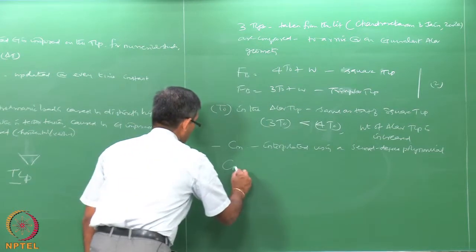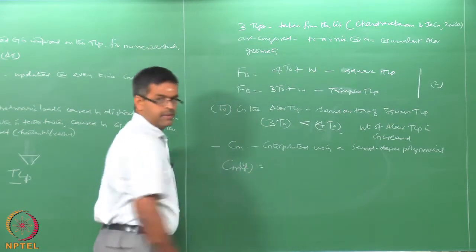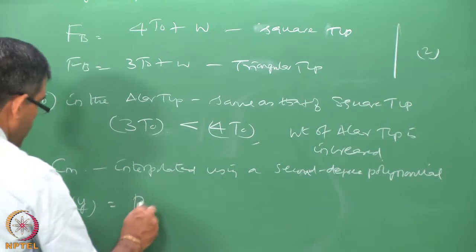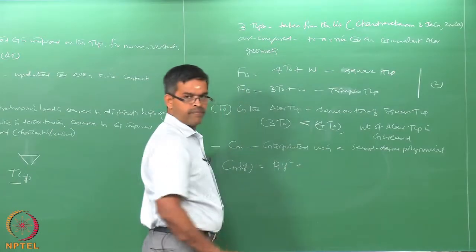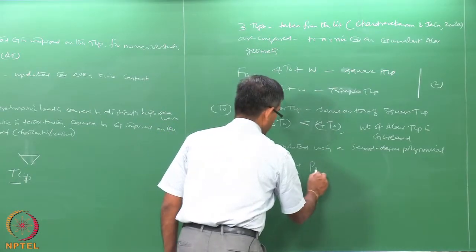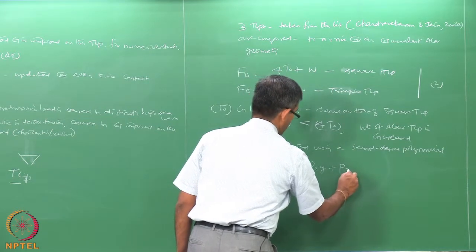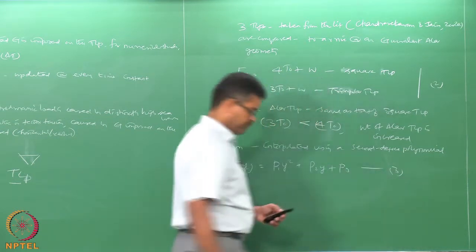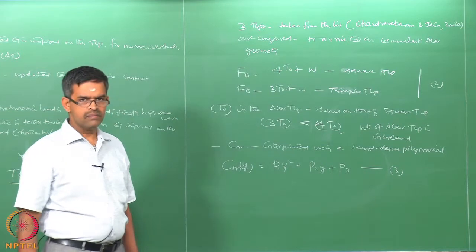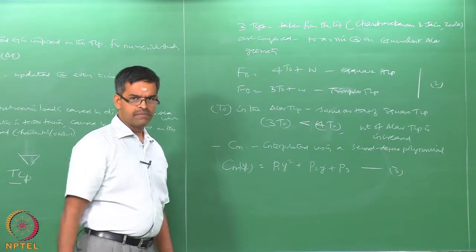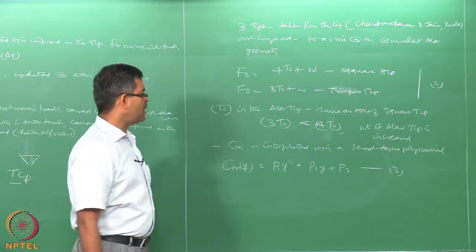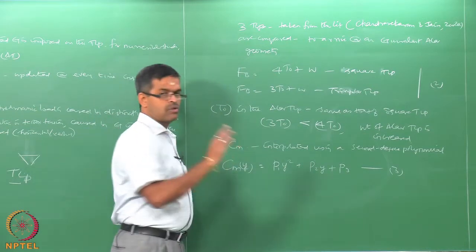So, Cm of y is taken as P1 y square plus P2 y plus P3, and for different TLPs the Cm values which are taken are shown on the screen now.